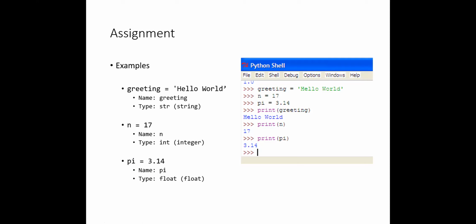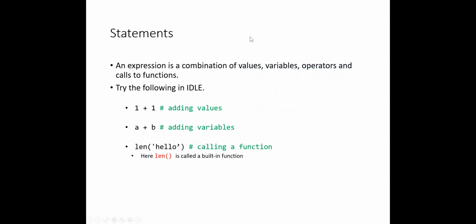Let's look at some statements in Python. You can type expressions using values, variables, operators, and also functions. In this case, 1 plus 1, the plus is the addition, and when you say 1 plus 1, you will get 2.